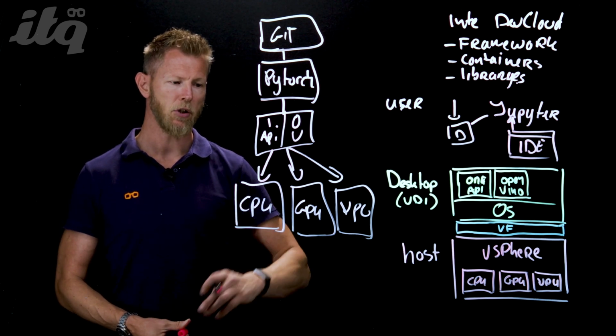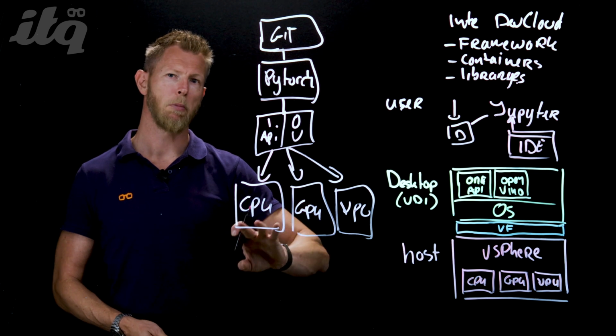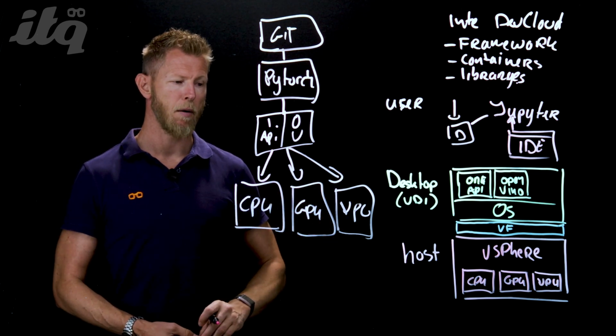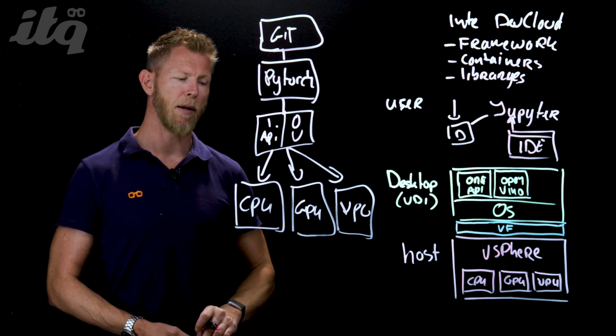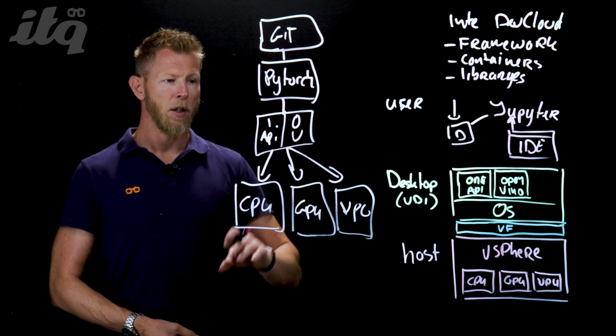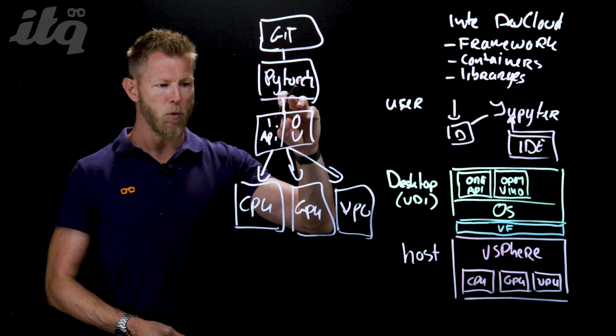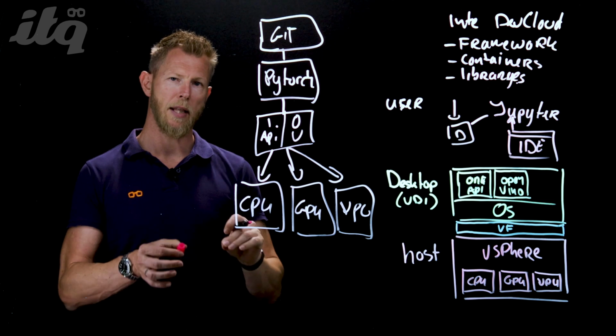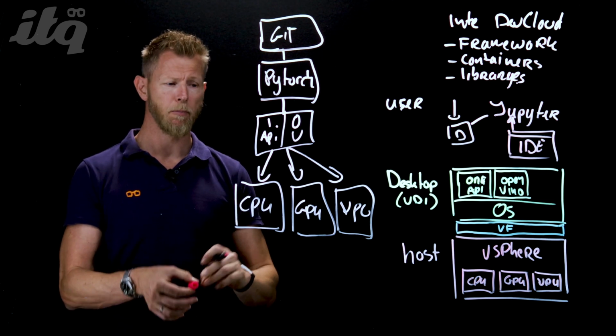But in this case, a GPU might consume much more power than a CPU does, whereas a VPU would consume even less power. So oneAPI and OpenVINO will utilize the right type of accelerator based on what you would like to do in that moment.